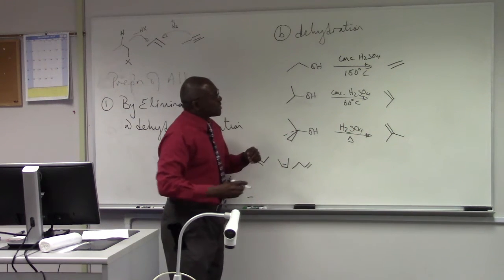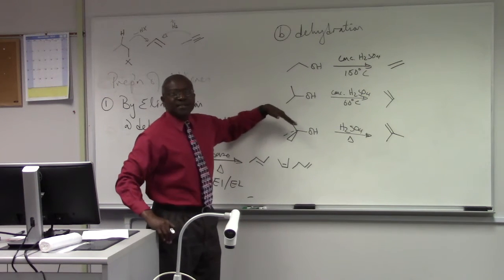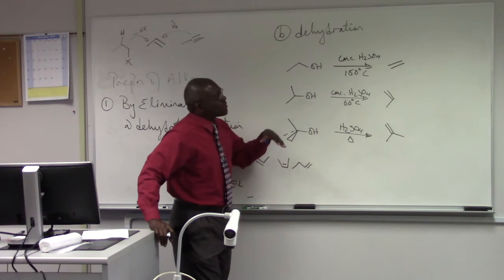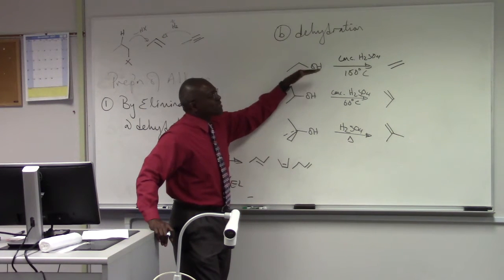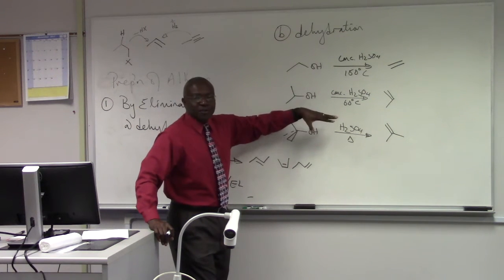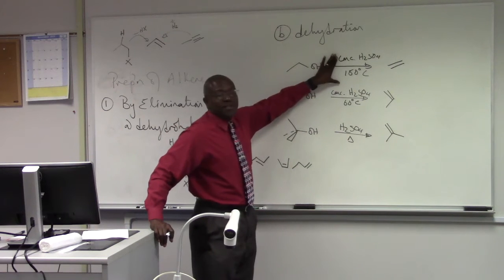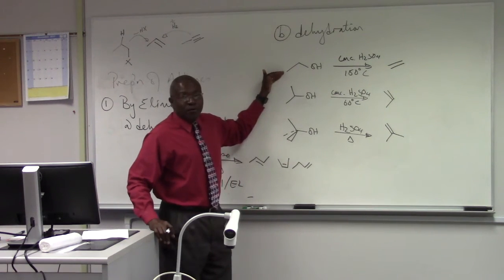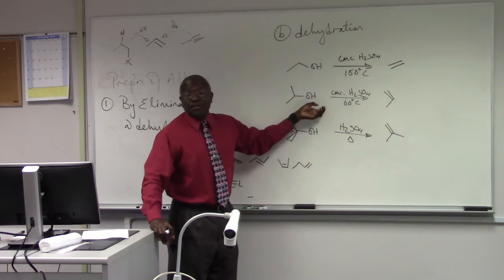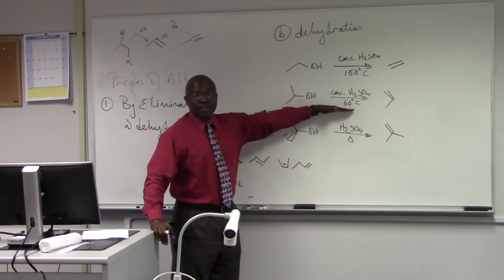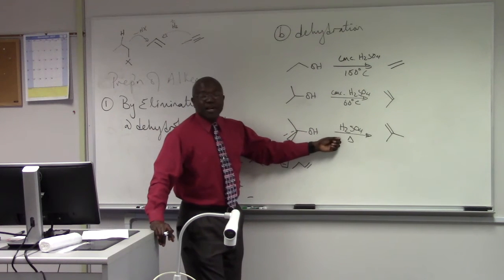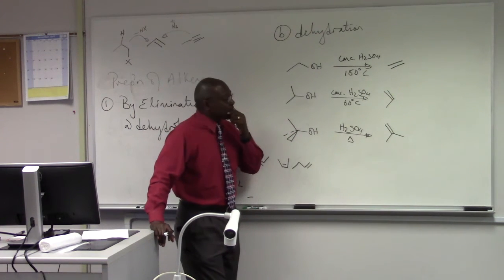What you notice is not only that we've dehydrated the alcohol, so we've lost H2O, but that the conditions under which dehydration occurs get less and less severe. We're using really forcing conditions, conc acid at really elevated temperatures, for the primary alcohol. It gets somewhat easier for the secondary alcohol, much lower temperatures. And I really don't even need conc acid for the tertiary alcohol. It dehydrates very, very easily.